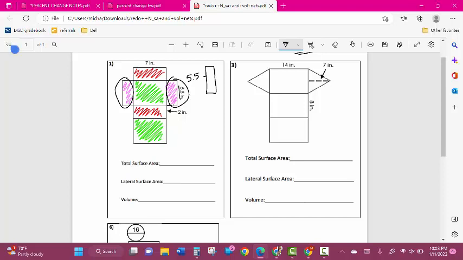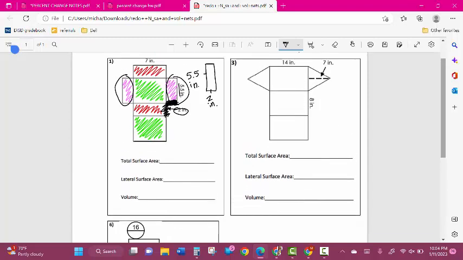Now we need the horizontal side of the base, the part I'm outlining in black. That's not labeled. However, if I think about folding this shape up, I know this edge matches with this edge, which is labeled 2 inches. So the horizontal side of the base is 2 inches, which means I really do know what the base is.